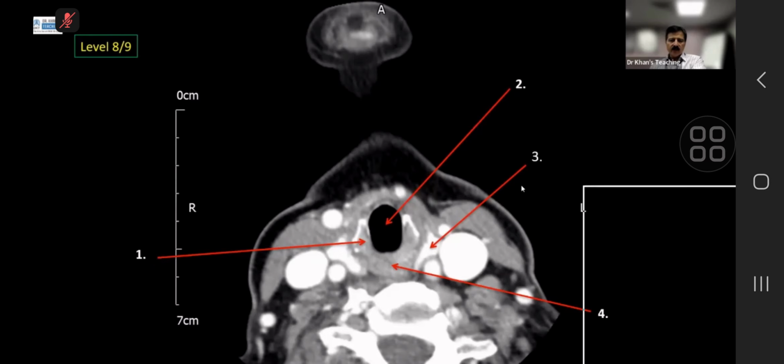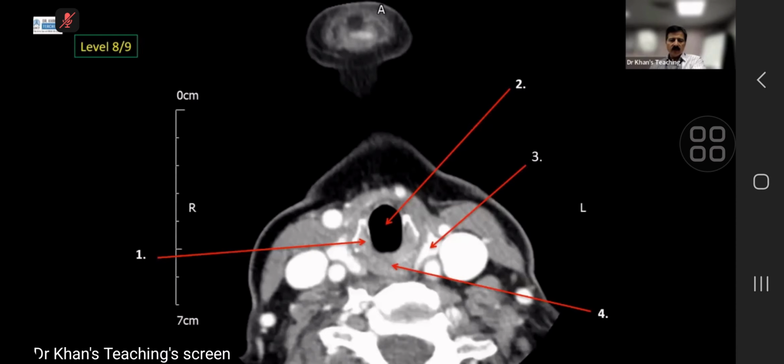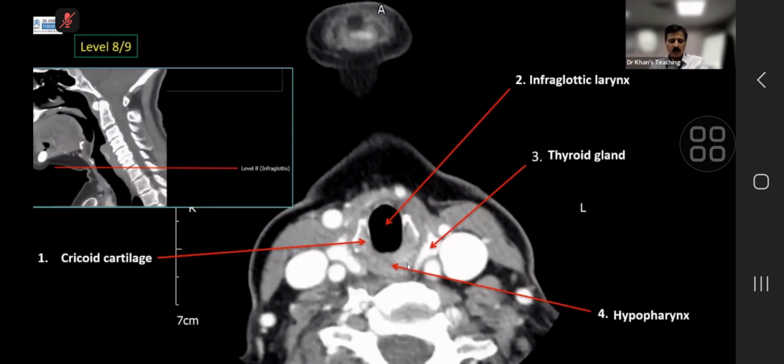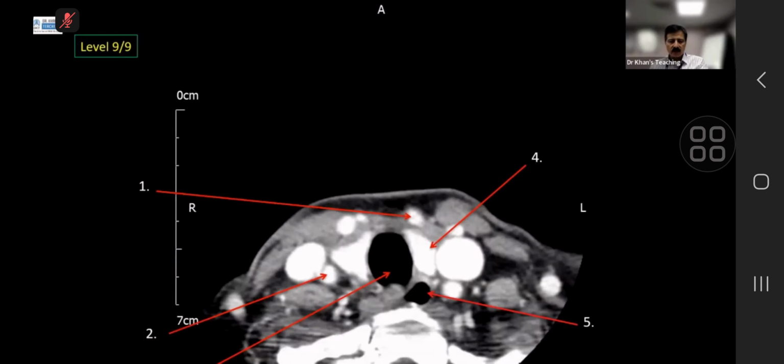And then number three, thyroid, very good. And number four, yeah, so this is the post-cricoid hypopharynx, if you want to call it. You don't know if the esophagus has just started, so just call it post-cricoid. And please remember, there is an entity we call post-cricoid carcinoma.